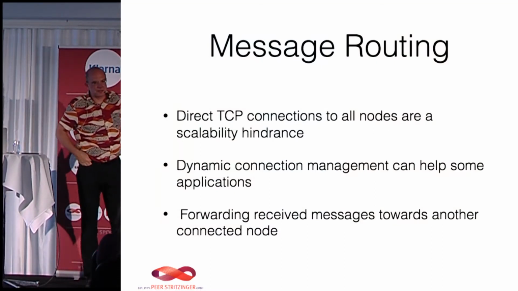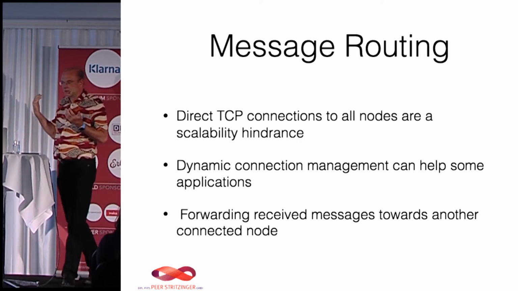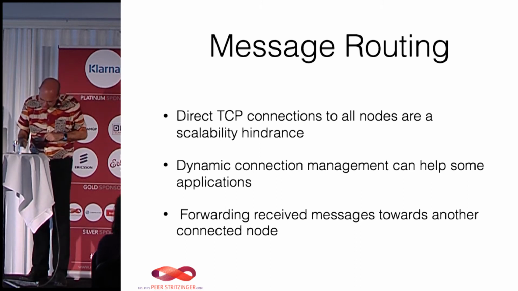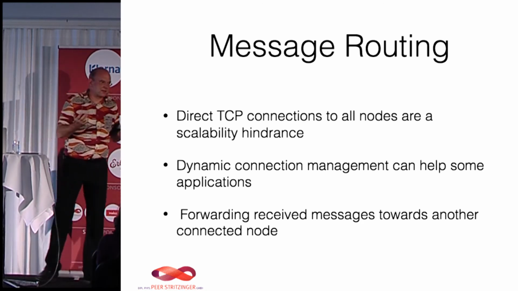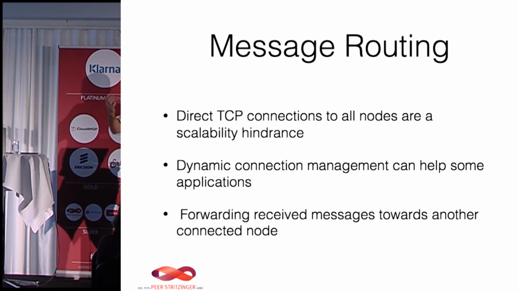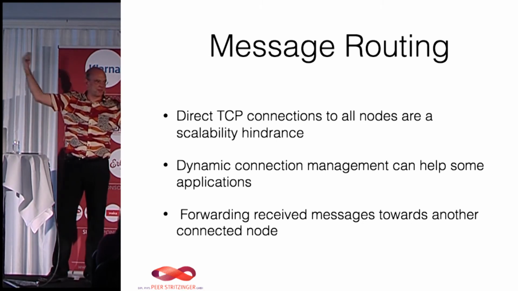How could we avoid having a fully connected network? One way we could do that is basically not have a fully connected network. Just don't have all the connections; connect a few of the nodes, but not all. But make sure that you have a path through the network.